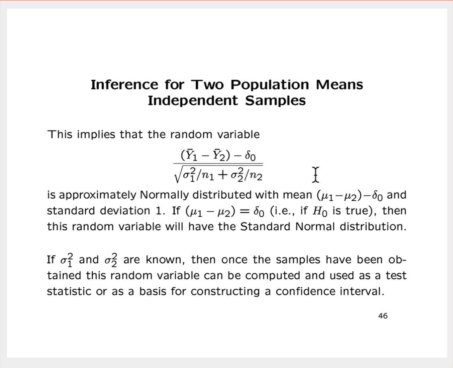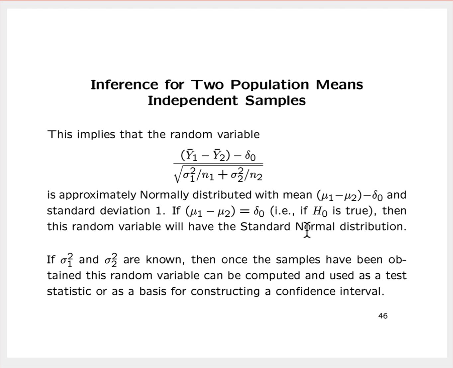Because of what we've just determined, this random variable, y bar 1 minus y bar 2 minus the hypothesized difference delta 0, over the standard error of y bar 1 minus y bar 2, for sufficiently large samples will be at least approximately normally distributed. The mean of the sampling distribution of this new random variable will be mu 1 minus mu 2 minus delta 0, and the standard deviation of that random variable will be 1.